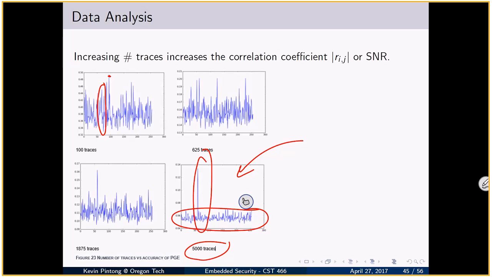This was probably the correct value, but there are around 5 values that rank higher. So that PGE would probably be 5, because this is the correct value, but there are points that rank higher than it. So you can see the difference when we reduce the number of traces, 100 versus 5,000.